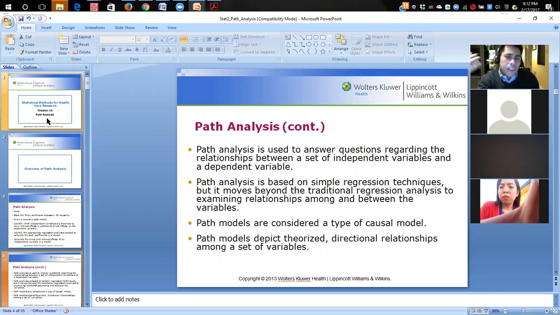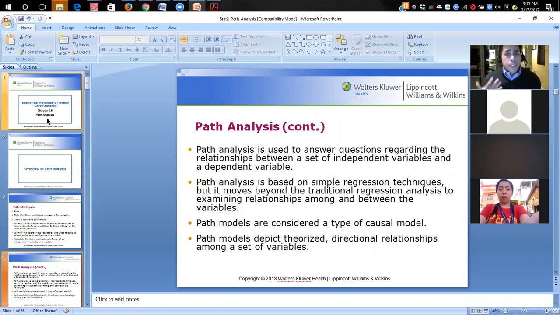So there's consistency here of mathematical underpinnings, that correlation values are very important, and that they are being used to examine direct and indirect effects of the independent variable to the dependent variable.